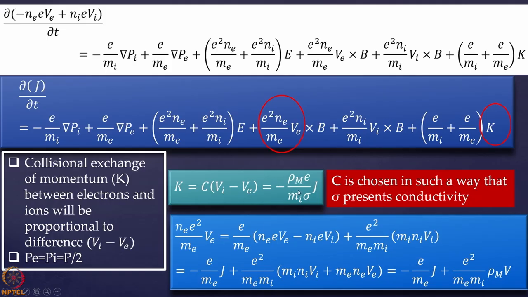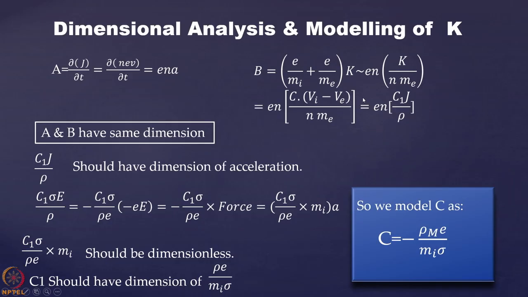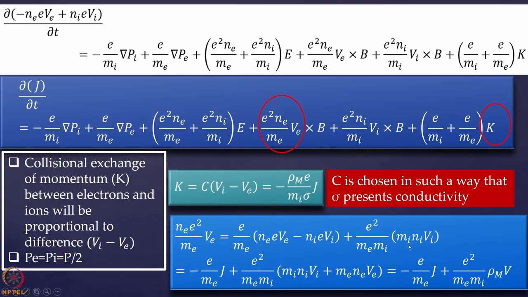So that is exactly what we wanted to do: model K as C1 into J, and then look for C1, and we find that C1 can be written as rho m into E by mi sigma. Then what we get is a model for K as minus rho m into E by mi into sigma into J.